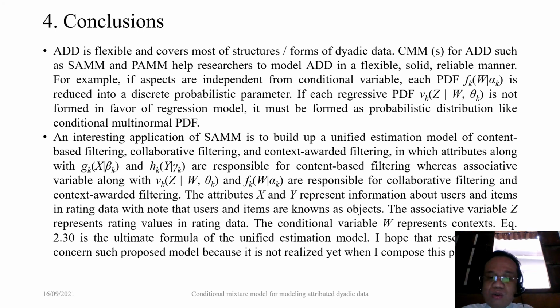The attributes X and Y represent information about user and item in relation data. We know that user and item are known as objects. The associative variable Z represents value in relation data. The conditional variable W represents the context. Equation 2.30 is the ultimate formula of the unified estimation model.